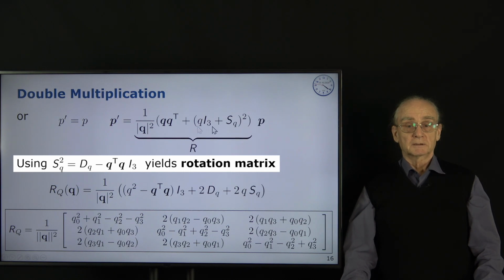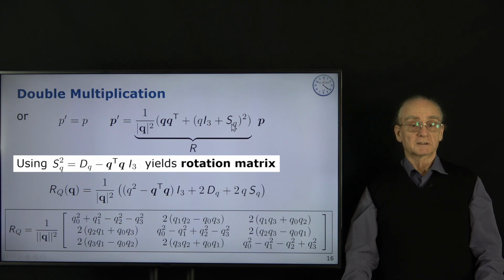And the vector part is nothing else than the multiplication of this vector with this matrix. So we see here a dyadic product of Q, we see here a unit matrix, and we see here a skew symmetric matrix. And if we now simplify this expression, we get a rotation matrix.